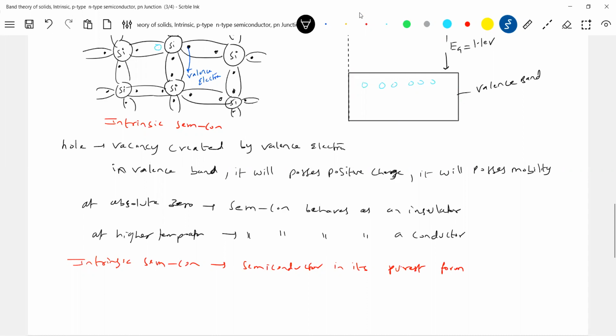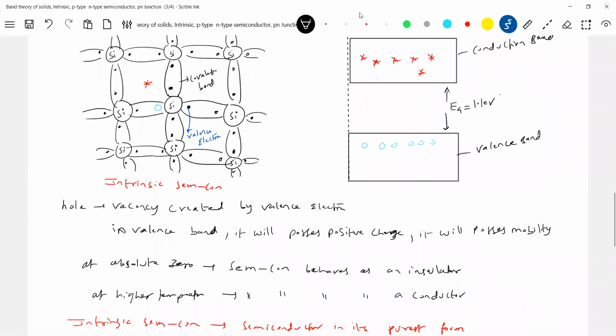Okay, this is about the theoretical band theory. Now we'll define a few things here.